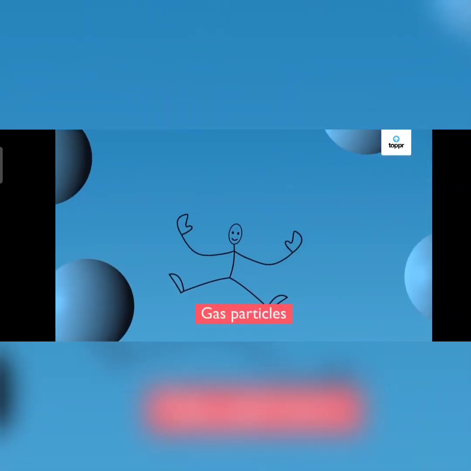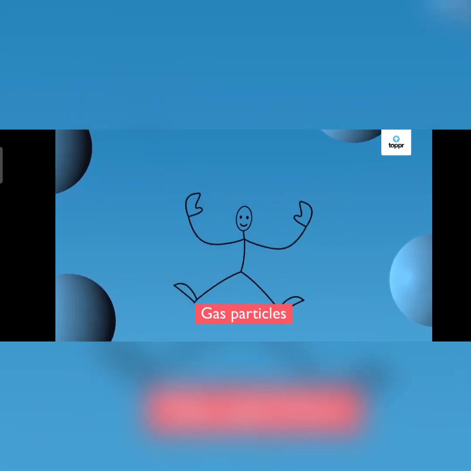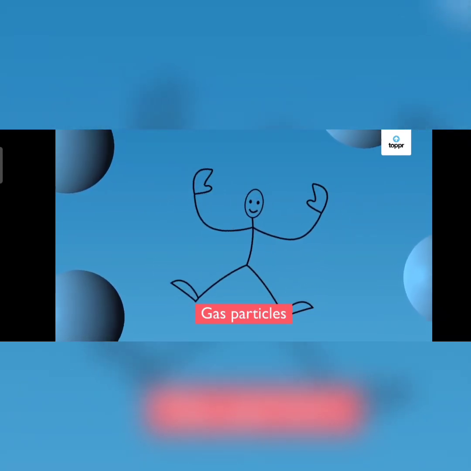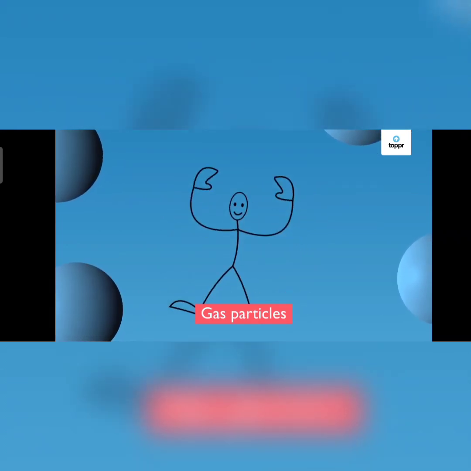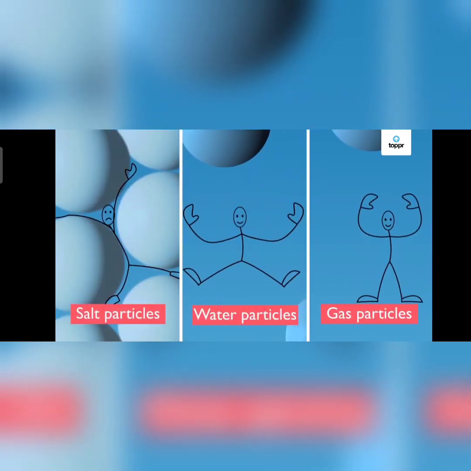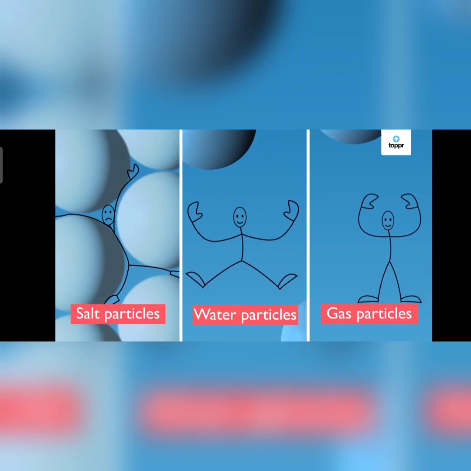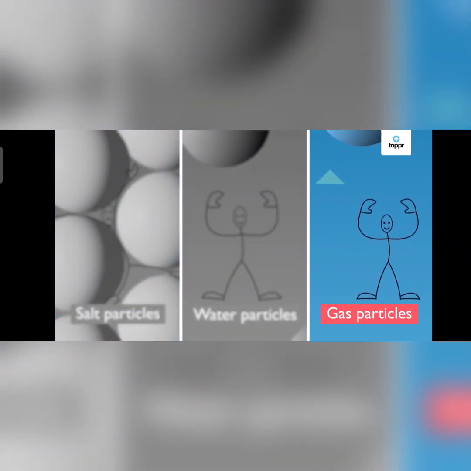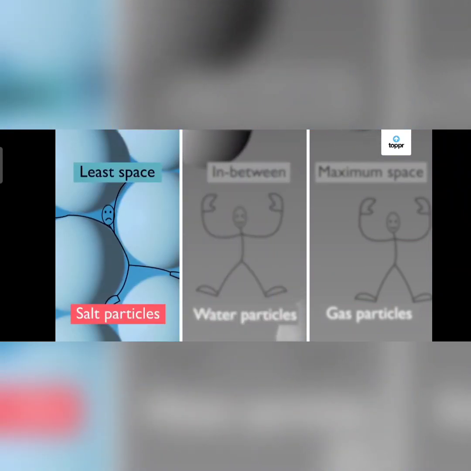Now what about the gas particles? You can move your hand through air effortlessly, and you also can move back and forth. Yay! This is even easier. So if we compare all the three different forms of matter, we find that the space between the gas particles is the maximum. It is somewhere in between for the liquid particles and is least for the solid particles.